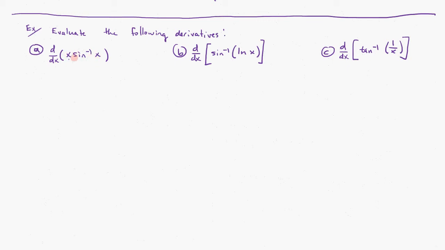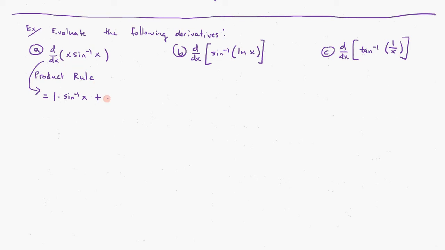Because it's the product of two functions, I need to use the product rule. The product rule says you take the derivative of each factor one at a time. The derivative of x is 1, so it'll be 1 times inverse sine of x.